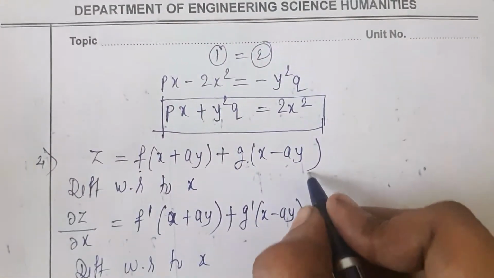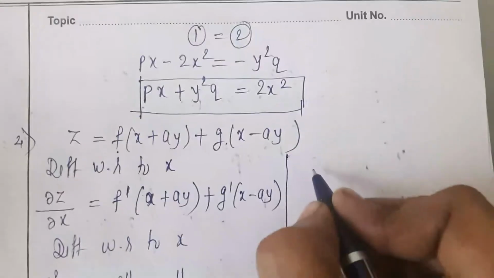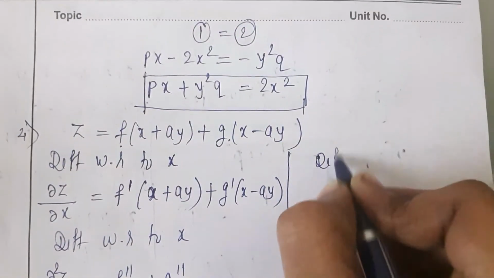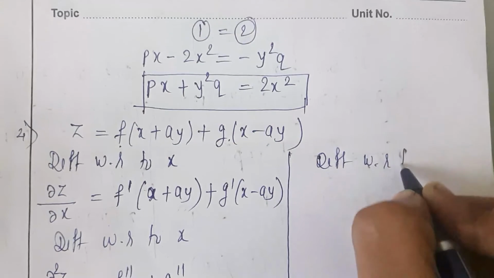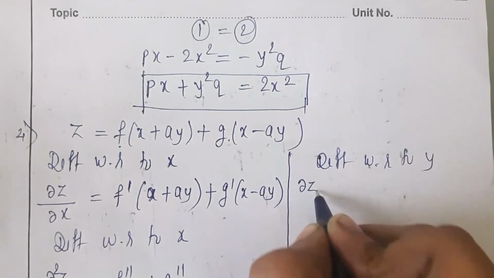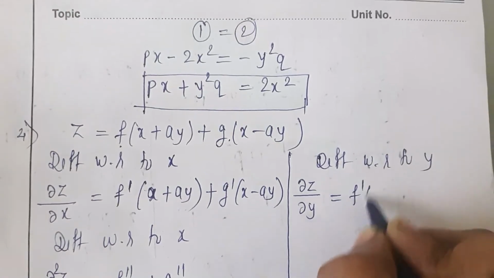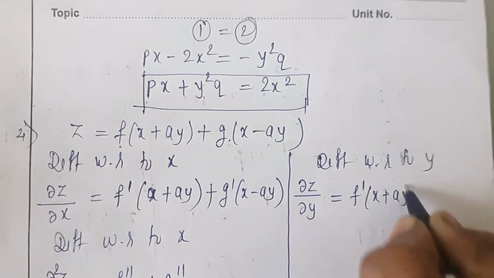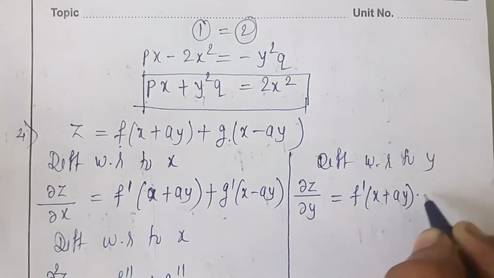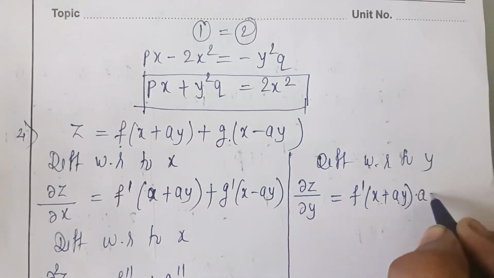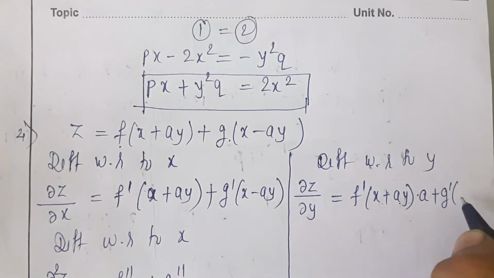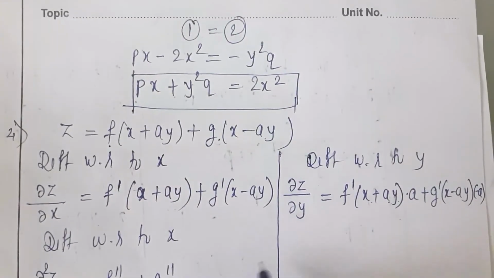Similarly, differentiate with respect to y. So del z by del y is equal to f dash of (x plus ay) multiplied by the derivative of x plus ay, where the derivative of x is 0 and of ay is a, plus g dash of (x minus ay) multiplied by the derivative of x minus ay, which is minus a.